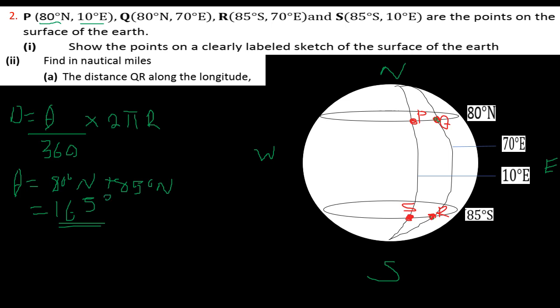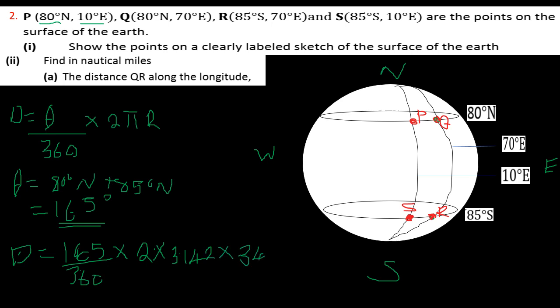Then now to calculate the distance, we'll say distance is equal to theta, which is 165, divided by 360, multiplied by 2 times 3.142, multiplied by r, which is 37 nautical miles.